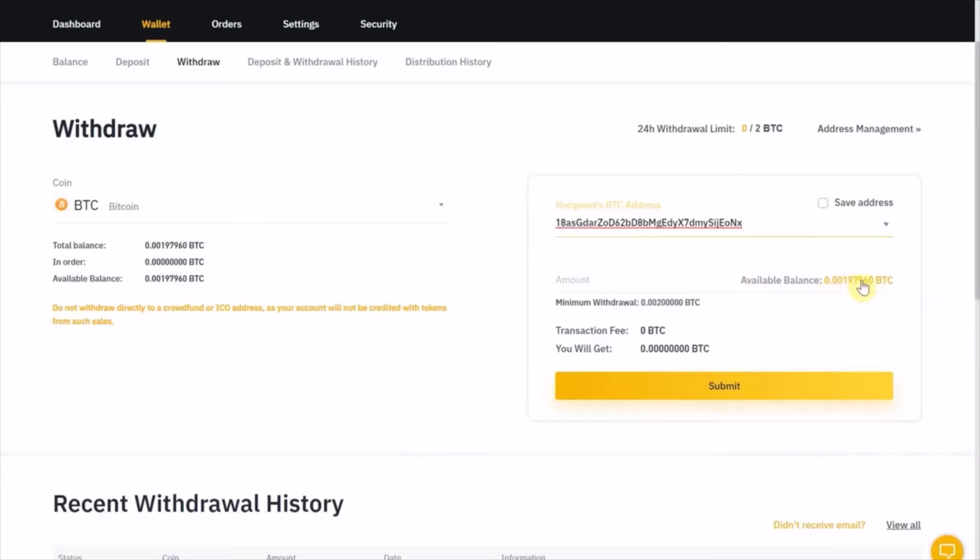Apparently my BTC balance is just below the threshold of the minimal withdrawal. But anyways, this is how you withdraw BTC from Binance to another BTC wallet. Let's say you wanted to transfer back to Coinbase. So you would put the Coinbase address here and it would be sent there.